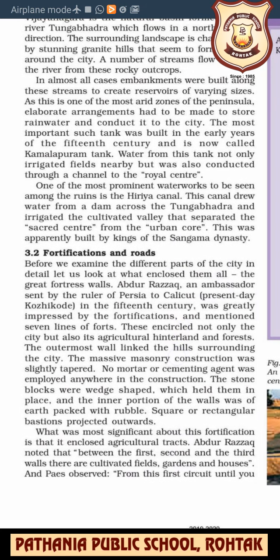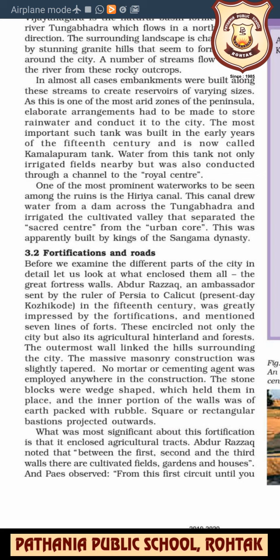Beta, from where do we come to know about these fortifications and roads? From Abdul Razzaq, an ambassador sent by the ruler of Persia to Calicut. He wrote about these fortifications because he was impressed by them, and he mentioned seven lines of forts.